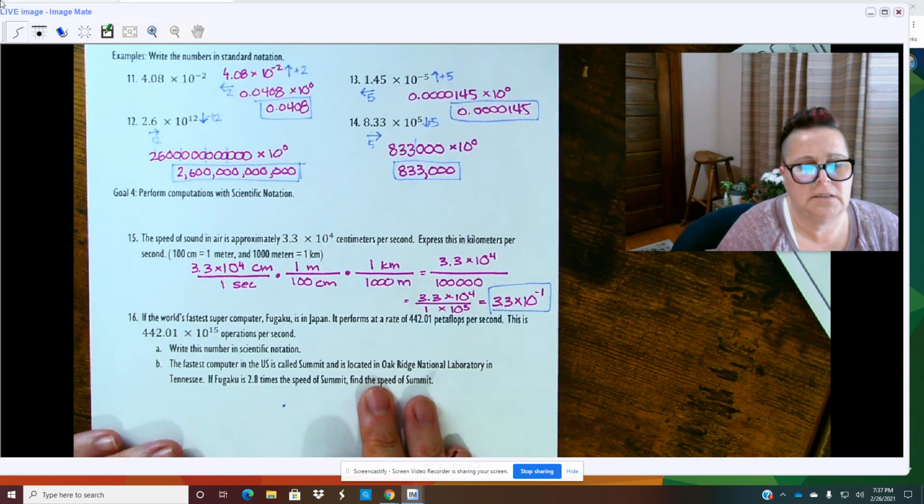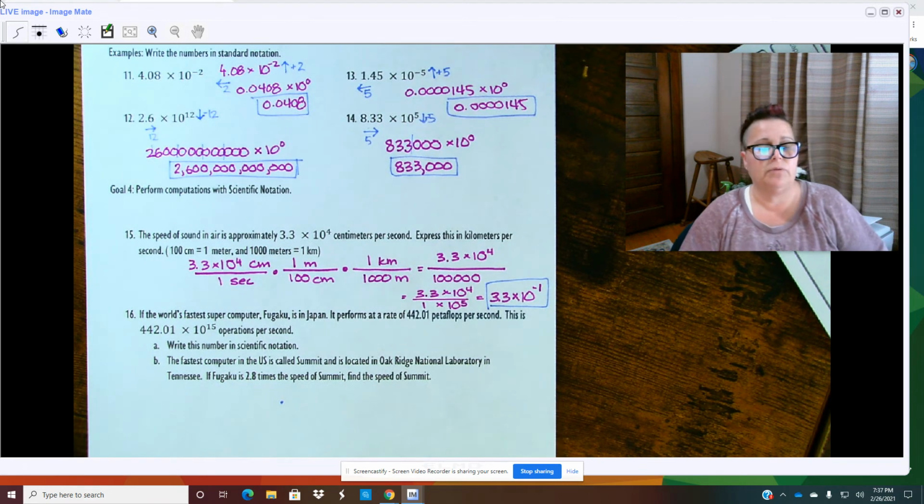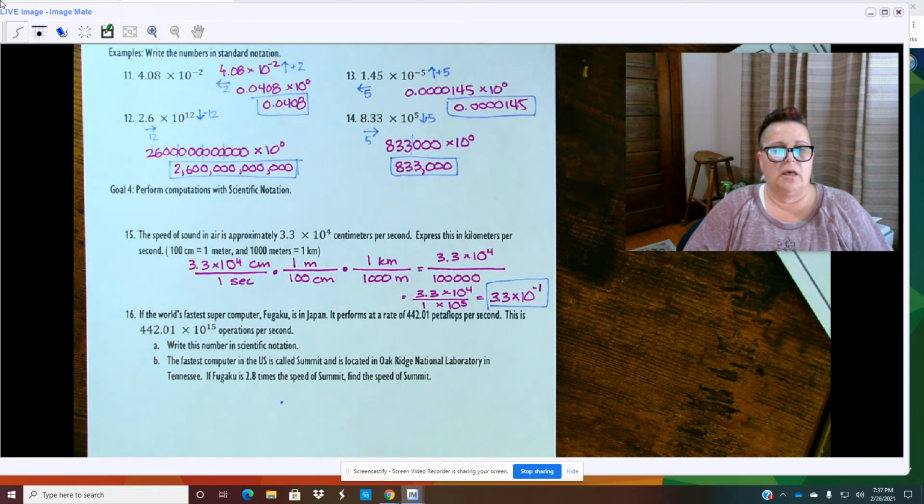All right. Oh, the fastest computer one. I don't know which syllable to stress because it's Japanese. The world's fastest supercomputer, Fugaku, is in Japan. It performs at a rate of 442.01 petaflops per second.